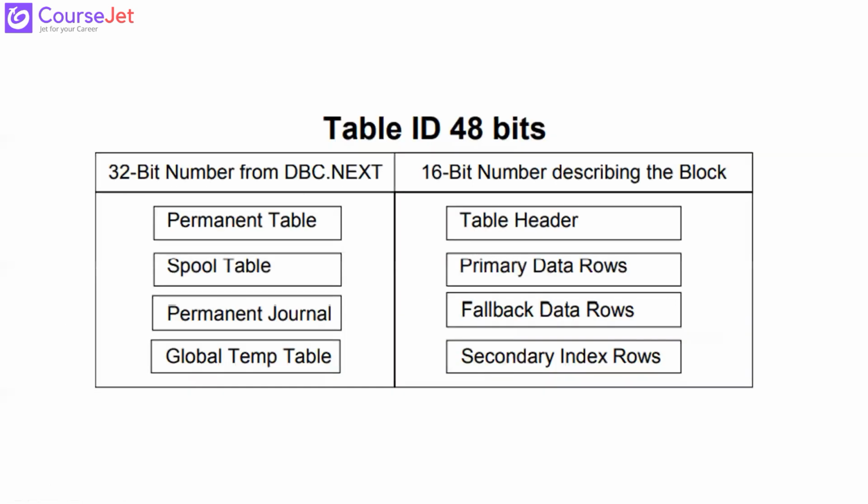If you see here, this is the 48-bit table ID. The first 32 bits from dbc.next tell what kind of table this is, such as permanent, and the next 16 bits describe the block: primary data rows, fallback, or secondary index.